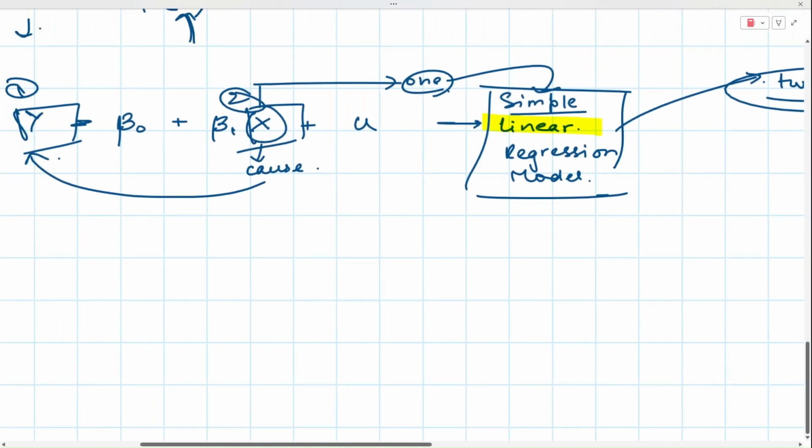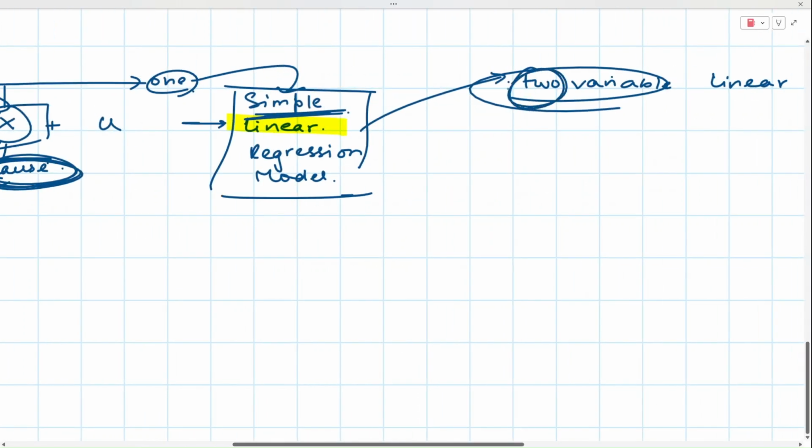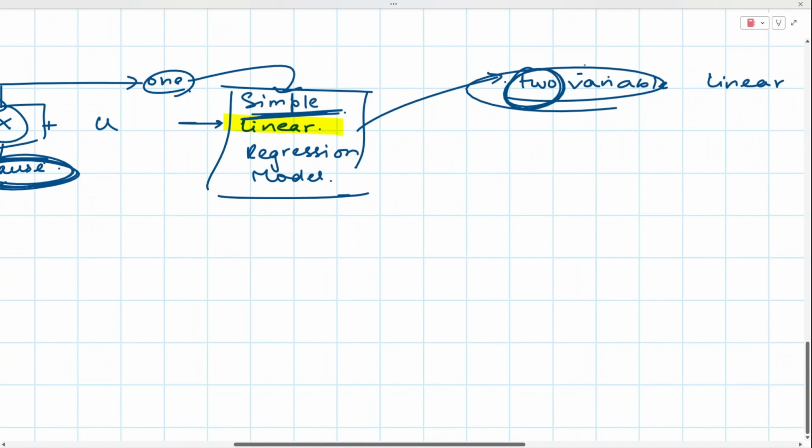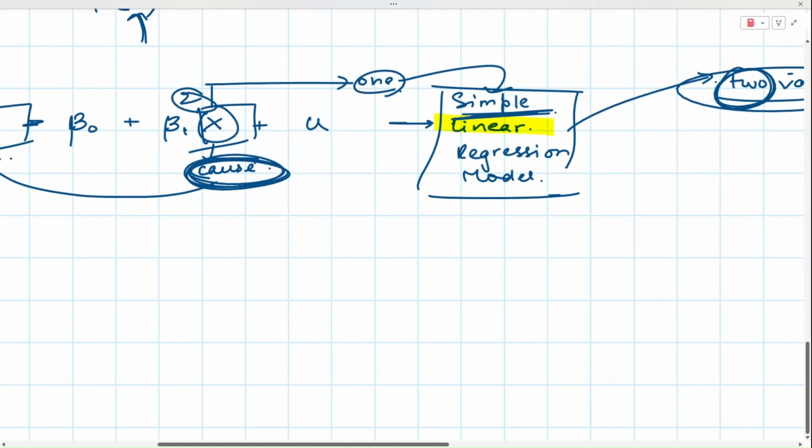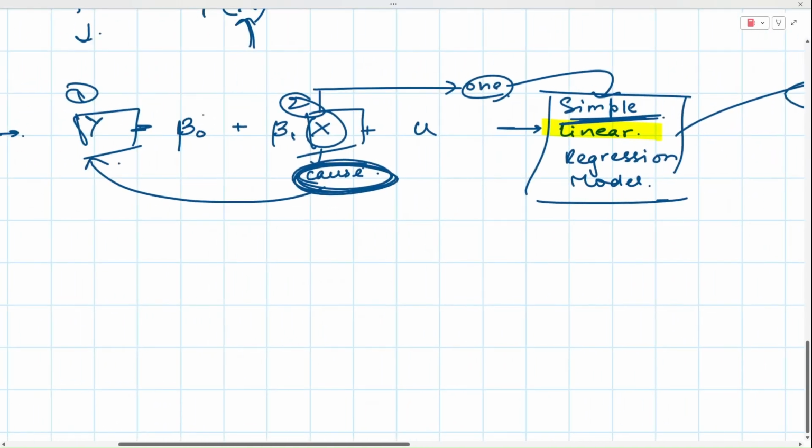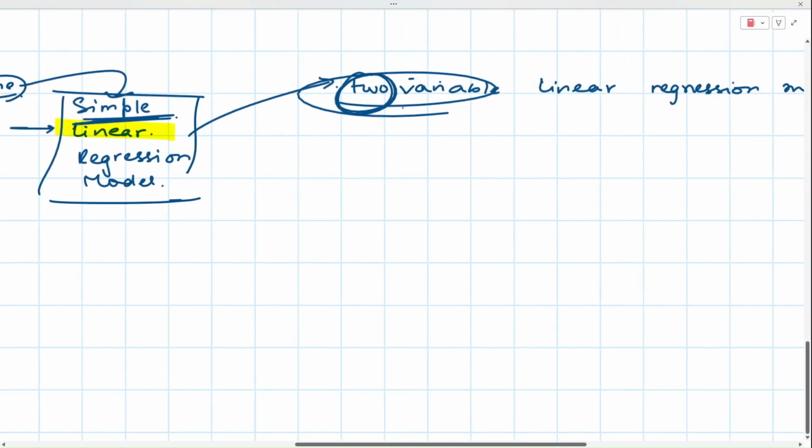Note that simple means there's only one cause. But this two does not mean there are two causes. Sometimes we do get confused. Two means there's only one effect and one cause. So this is the effect. There's only one effect and there's only one cause. So it's a two variable regression model.